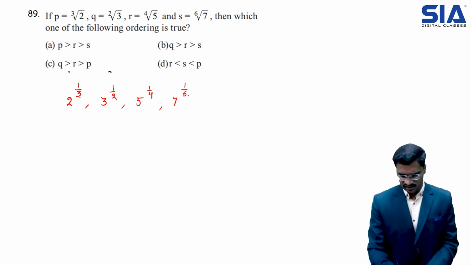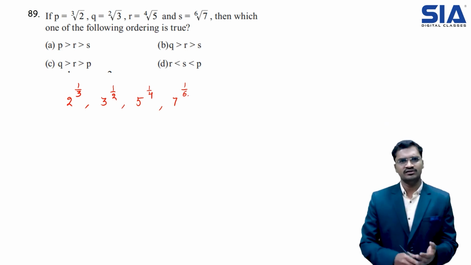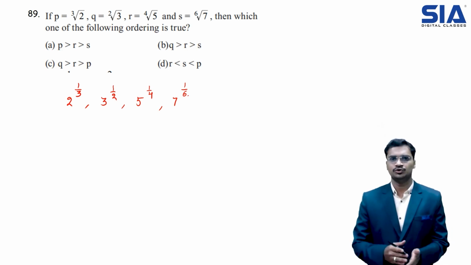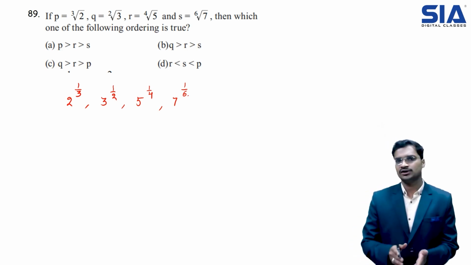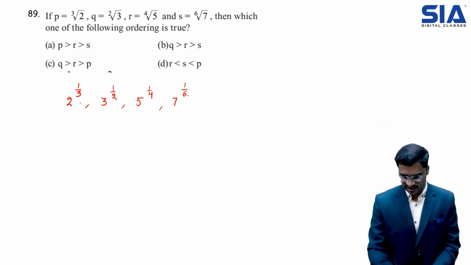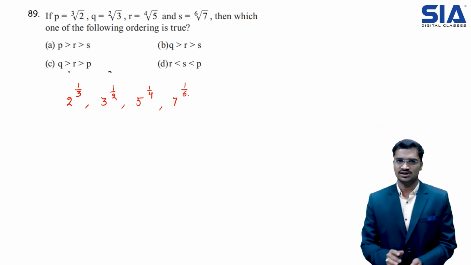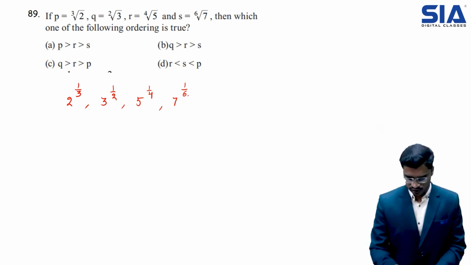The powers are not equal here, so we should make the denominators of these powers equal. The LCM of 3, 2, 4 and 6 is 12. So let us make the denominators of these powers 12.